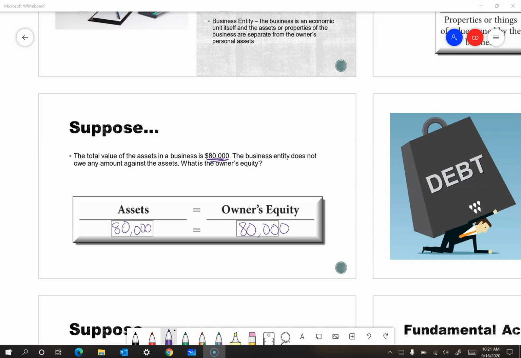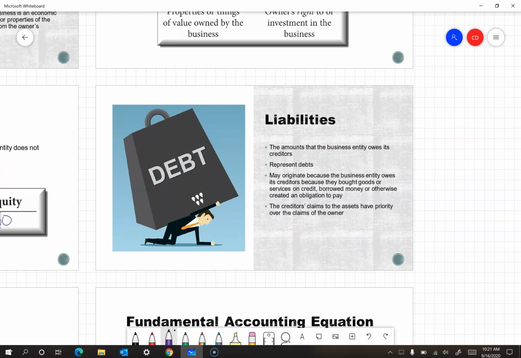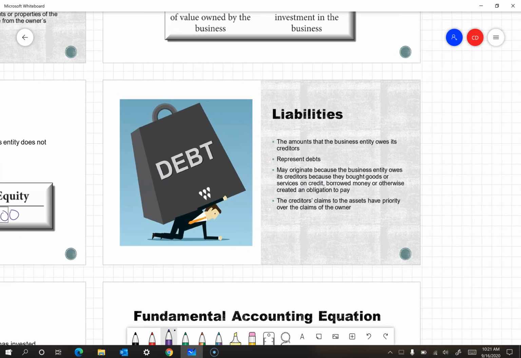Okay? So along comes debt. And we're going to call these liabilities. So you can't run a business unless you're borrowing money, unless you have an unlimited supply of money, and people really don't, okay? So that's why they get into debt and they have liabilities, okay? And the goal is that your assets will equal your liabilities and owner's equity.